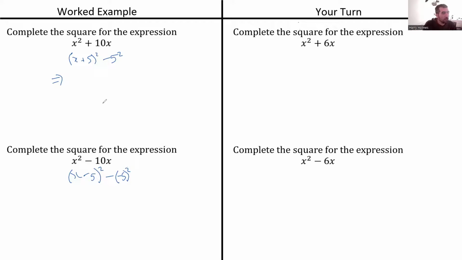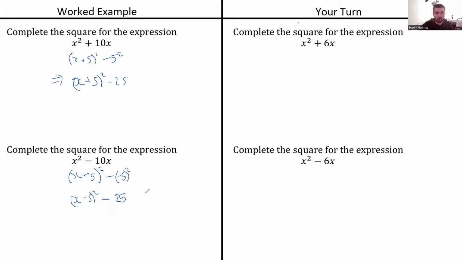So this first one, we've got (x plus 5) squared minus 5 squared, which simplifies to (x plus 5) squared minus 25. The second one, x take 5, is the square bracket. That's going to stay as a square bracket, because remember, we do some stuff with that later. And I'm taking away minus 5 squared. Minus 5 squared is 25. So once again, I'm subtracting 25.